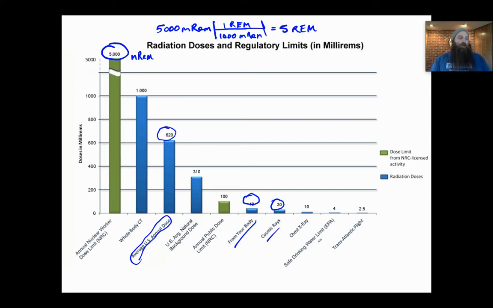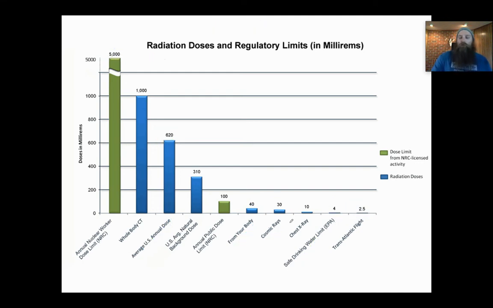If you look at the safe drinking water limits from the EPA, you can get 4 millirems of irradiated material into a water source, and it's still considered safe. If you fly across the Atlantic, because you're up high and the atmosphere is not absorbing as much of the cosmic rays, that'll give you 2.5 millirems right there. So we get a lot of radiation, just part of being alive. It's not necessarily out of the ordinary to have radiation exposure.